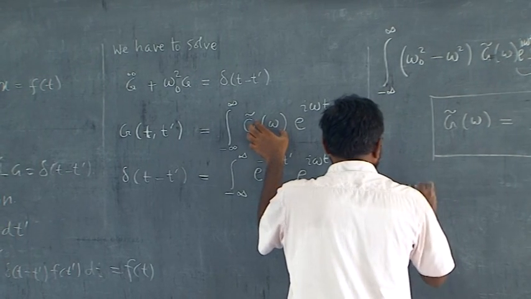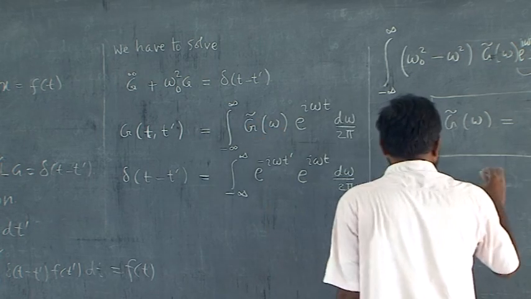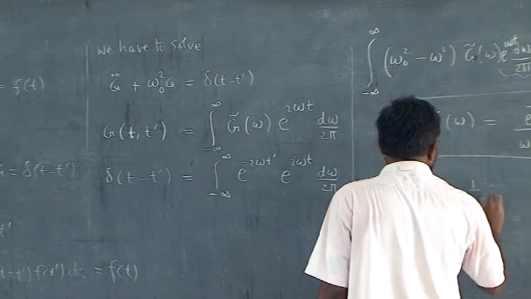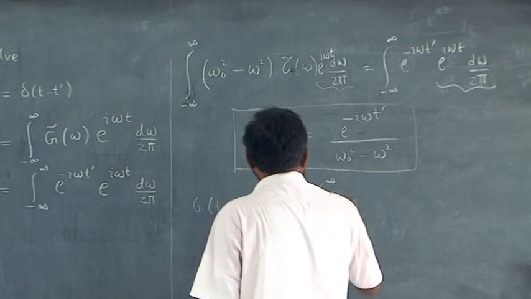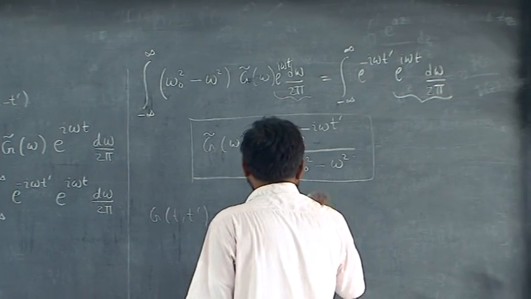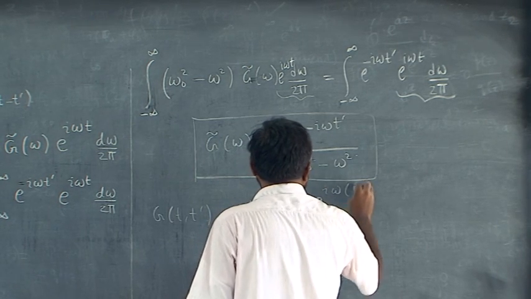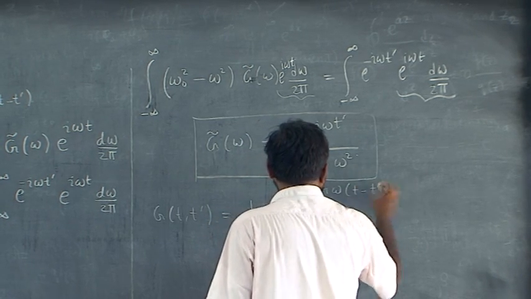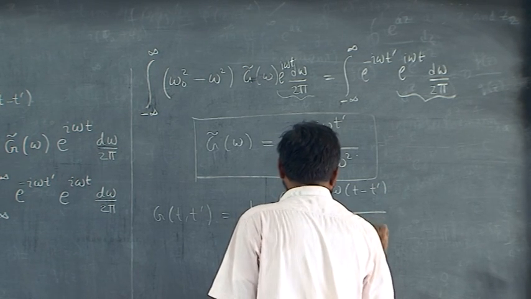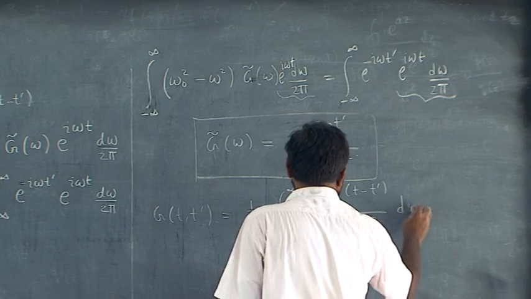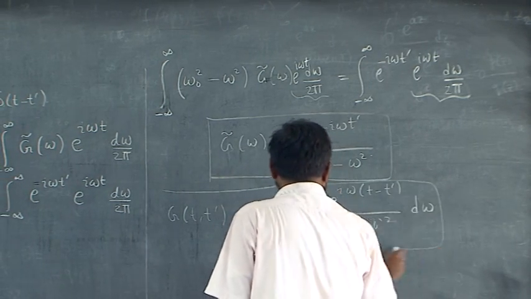So g of t, t prime is equal to 1 over 2 pi integral from minus infinity to infinity of e to the i omega t minus t prime divided by omega naught square minus omega square d omega. So I have to just integrate this.